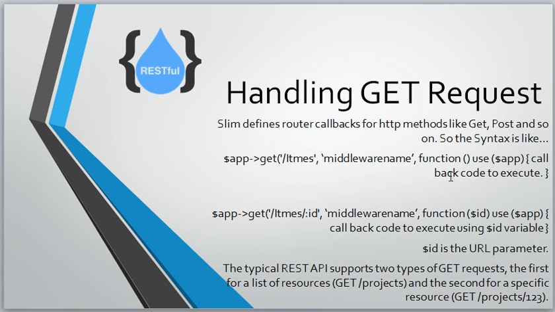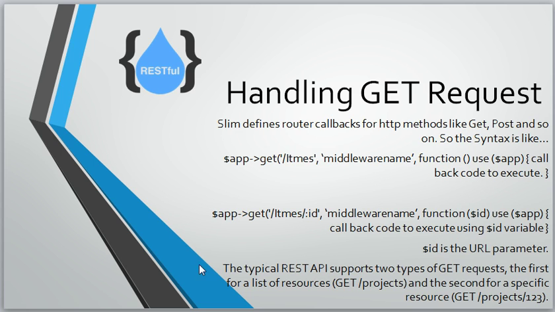In this code we will fetch all the items from the database, convert them into JSON format and return them. While in the second example, when the URL ends with /items/ID with HTTP method get, the callback function code will retrieve the item with the given ID, convert it to JSON format and return it.